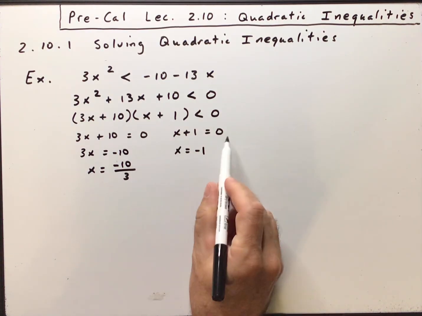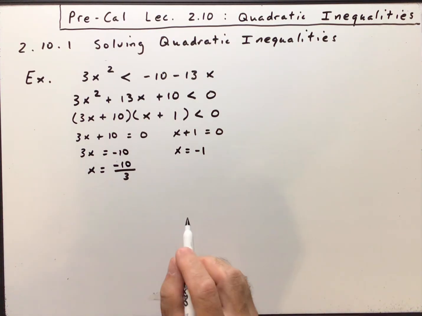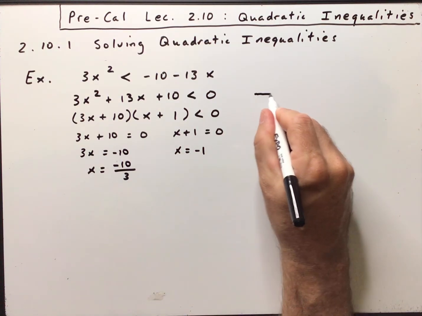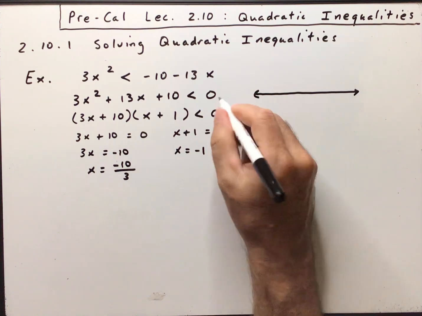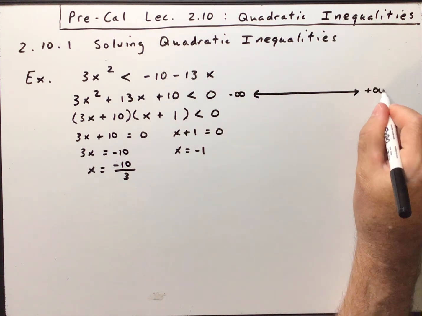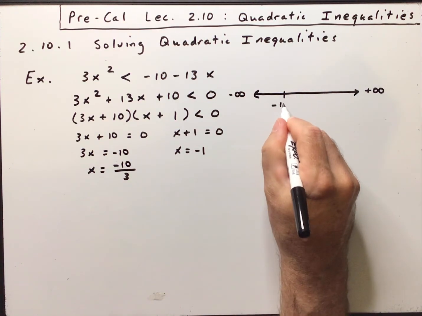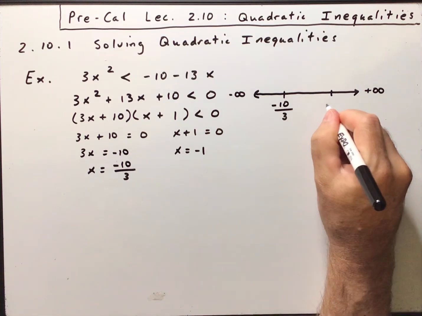That's another critical point. Okay, so we want to put it from left to right, our sign line. I'm going to put it up here next to the original equation. So we're going -infinity, +infinity, -10/3, smallest number first, and then -1.